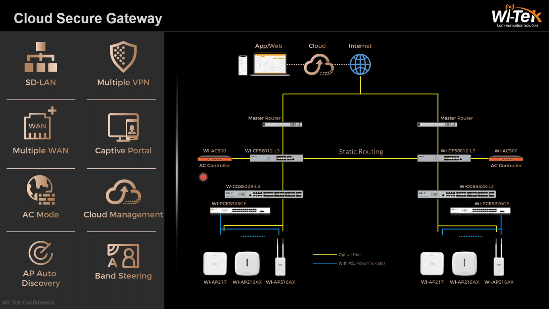In this very large scale business Wi-Fi project, we recommend using the AC500, and it is only used as the AP controller. All our APs get their configuration from our AC500.